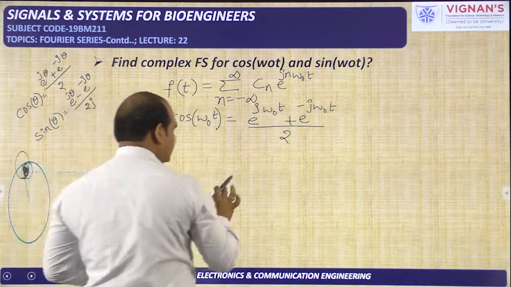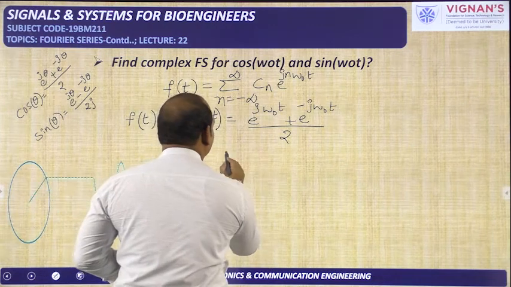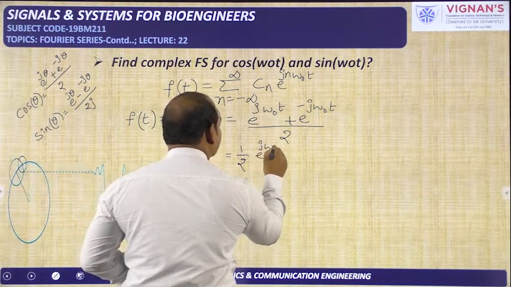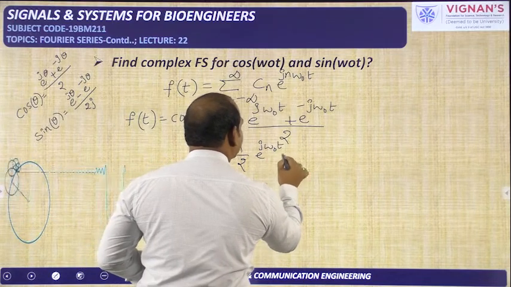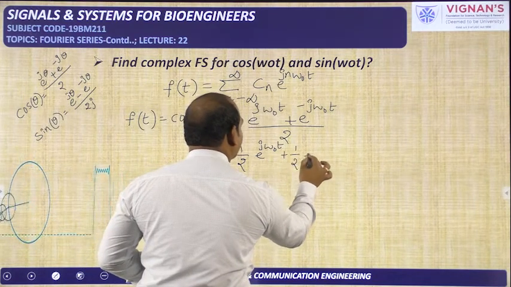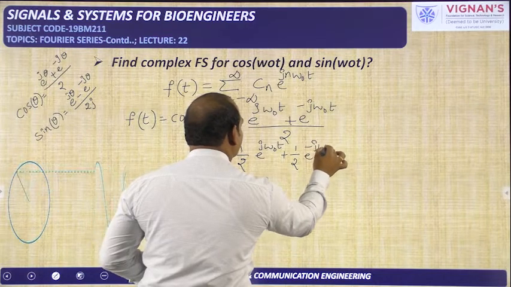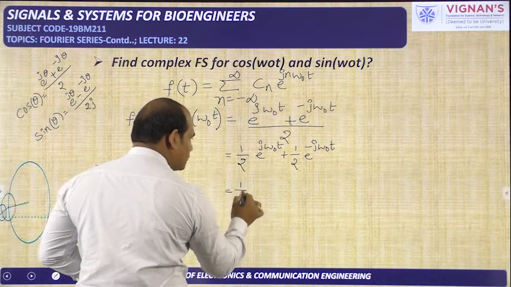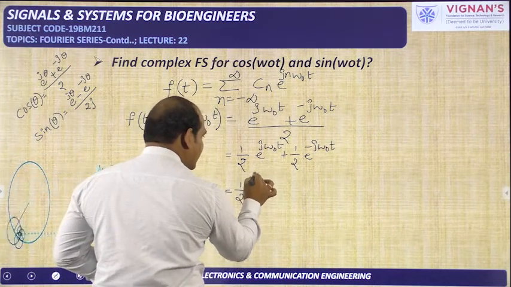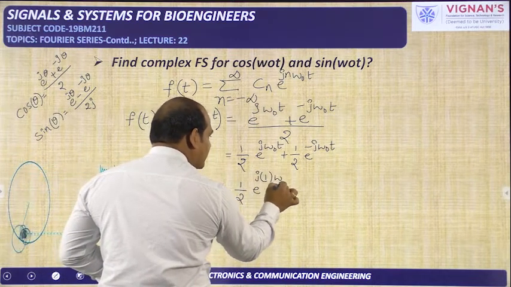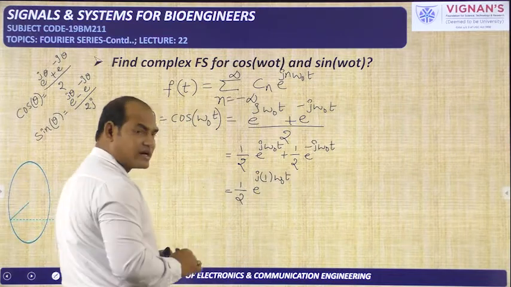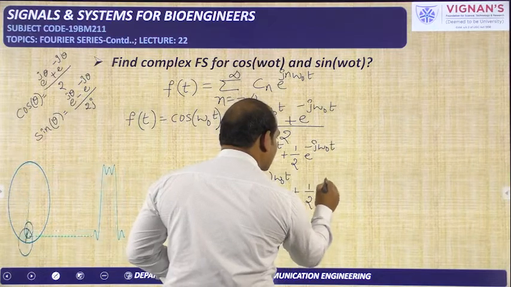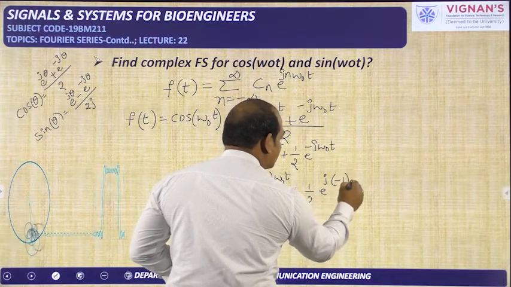Now I am rewriting this as 1 by 2 e power j omega naught t plus 1 by 2 e power minus j omega naught t. This can be rewritten as 1 by 2 e power j 1 omega naught t, without changing any value, plus 1 by 2 e power j minus 1 omega naught t.